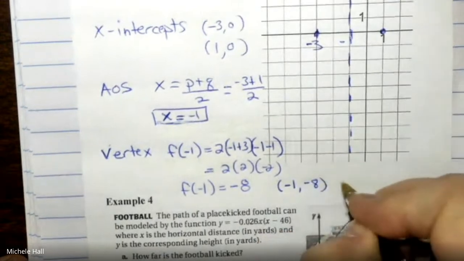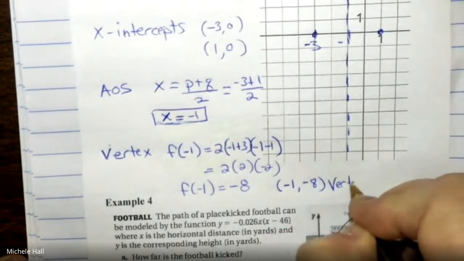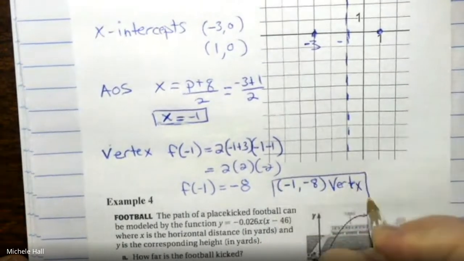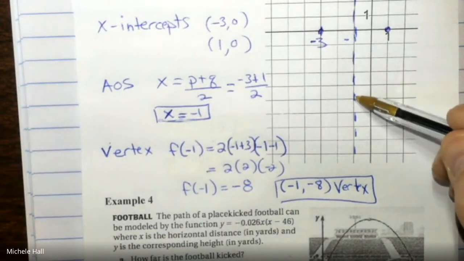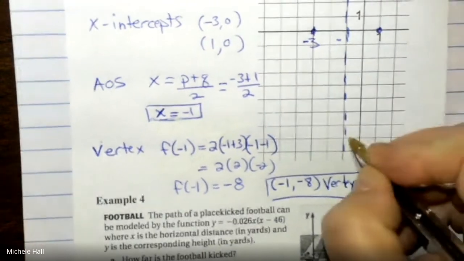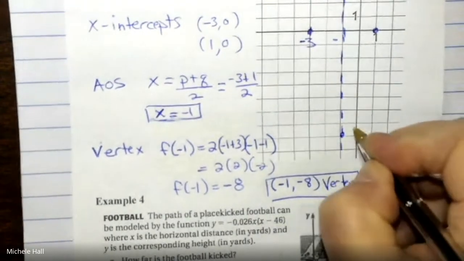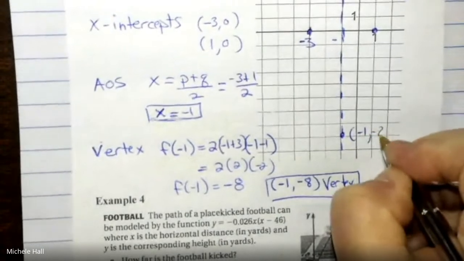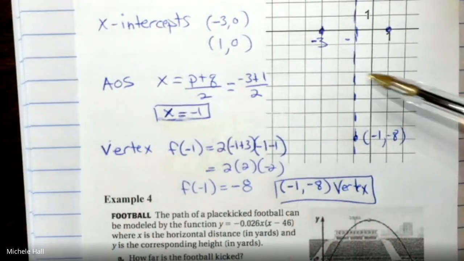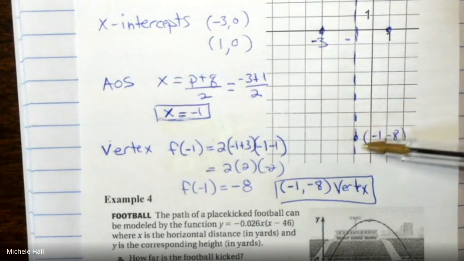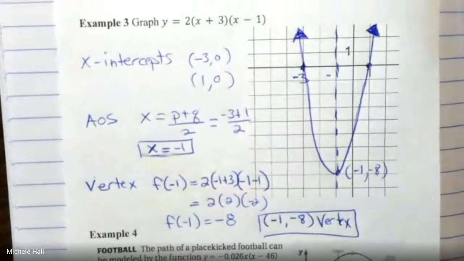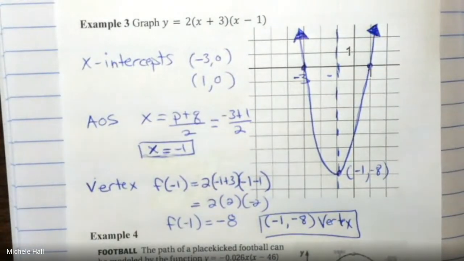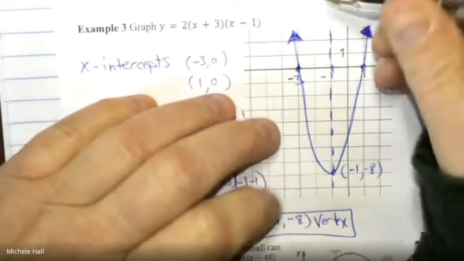Therefore, (-1, -8) is where we will find that vertex. Here I can see the U shape for the parabola. Our vertex is labeled, our intercepts are labeled, and our AOS.